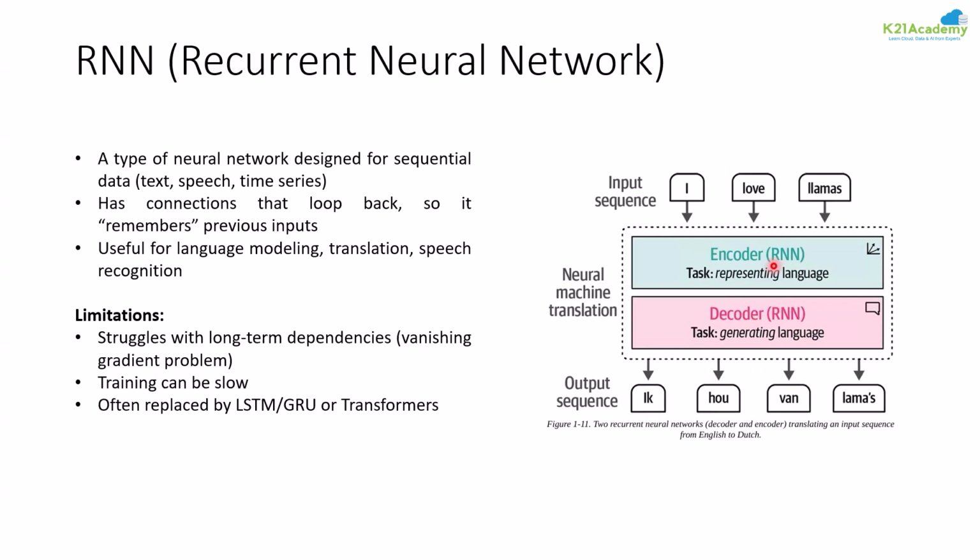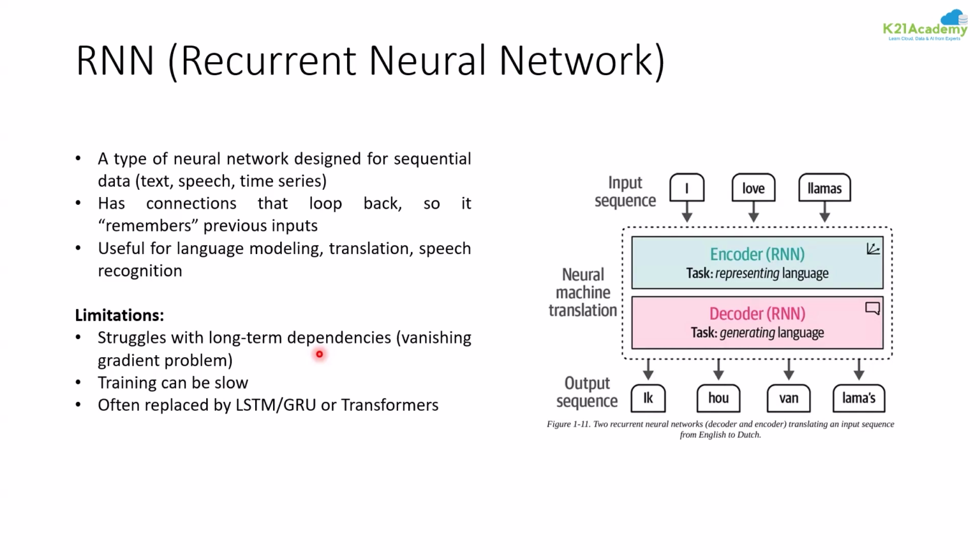Recurrent neural networks were able to do this kind of translation, but they were not able to do translation for long-term dependency. So if you have a lot of data and you want to do translation, then it was failing because it was struggling with long-term dependency.